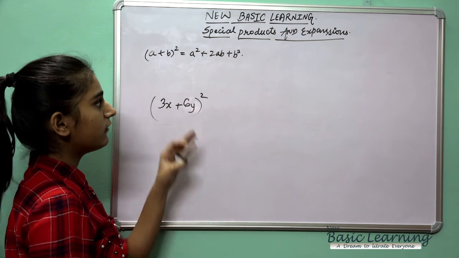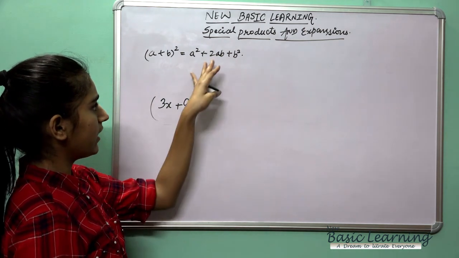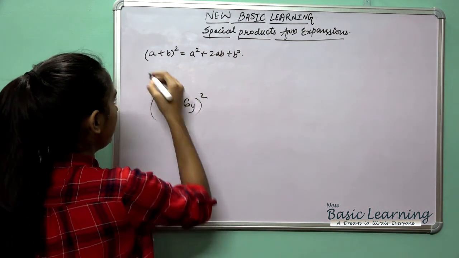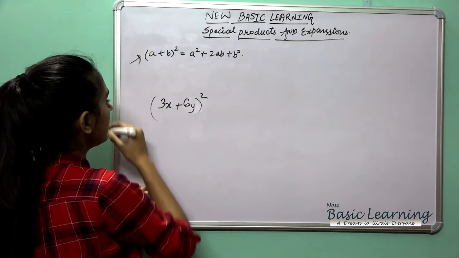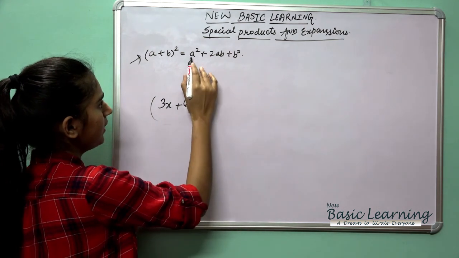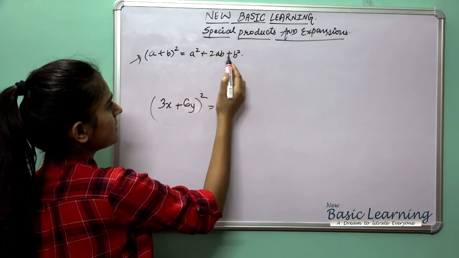The formula which we will apply here will be the same. I have told you this formula will be applied here. So let's put the values according to the formula. Here a square plus 2ab plus b square.